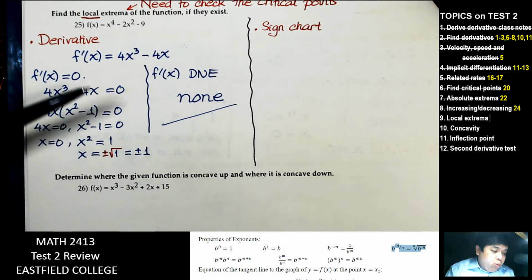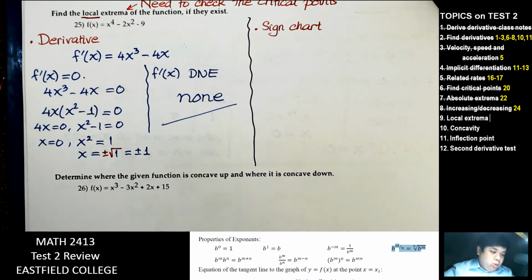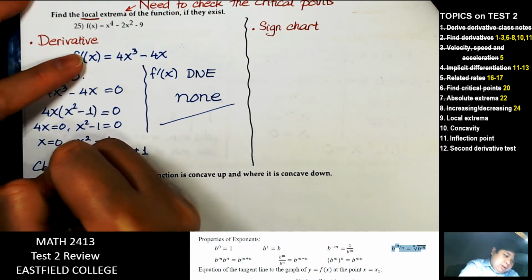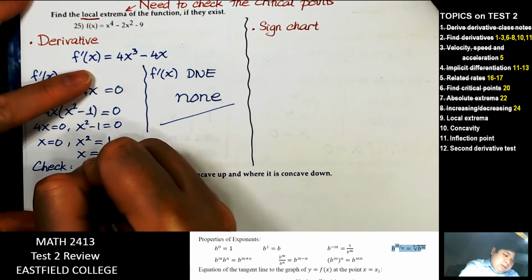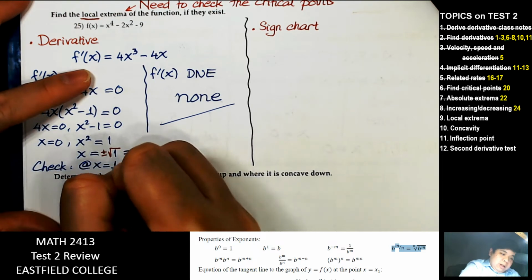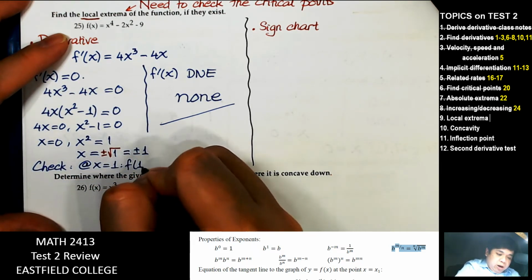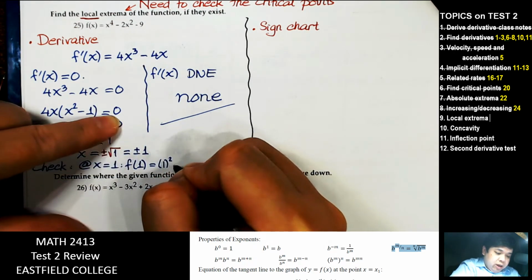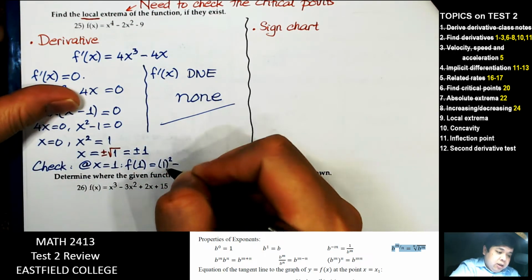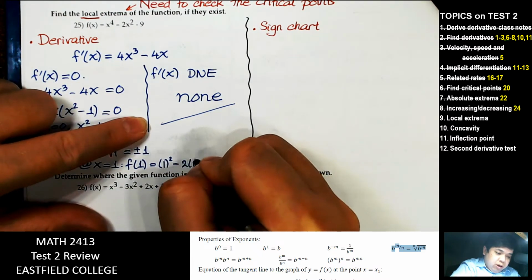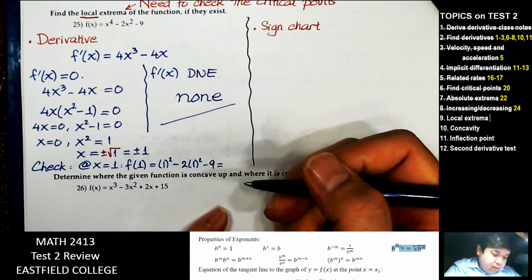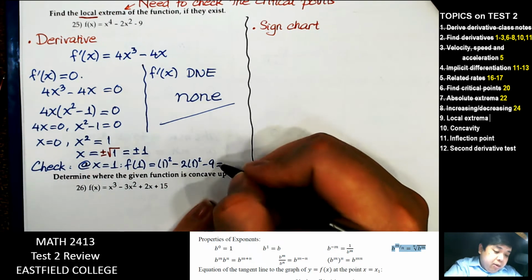Right, on this problem we do need to check for the points. So x equal to 1, f of 1, if we put 1 in here, 1 squared minus 2, 1 squared minus 9, that is minus 10.